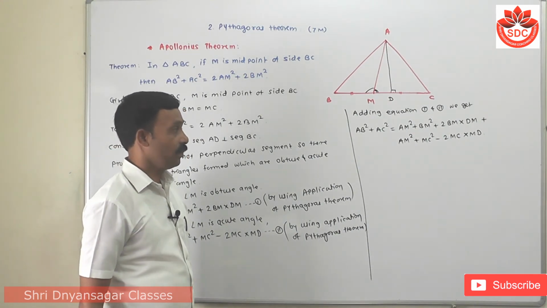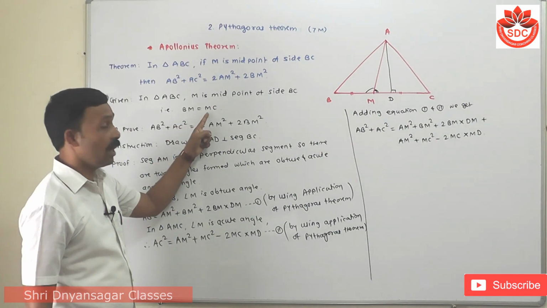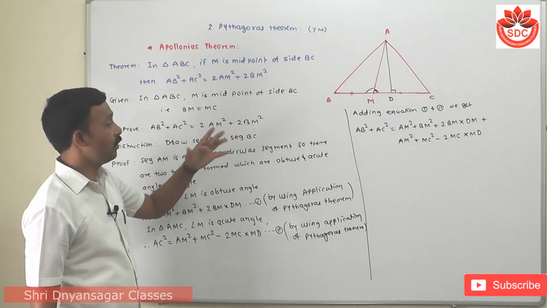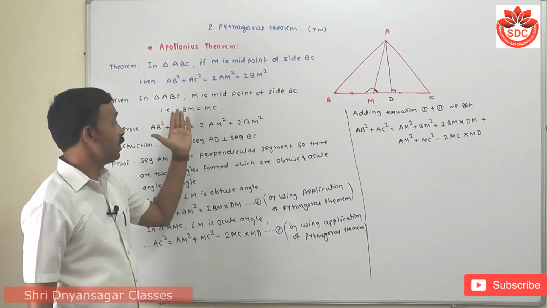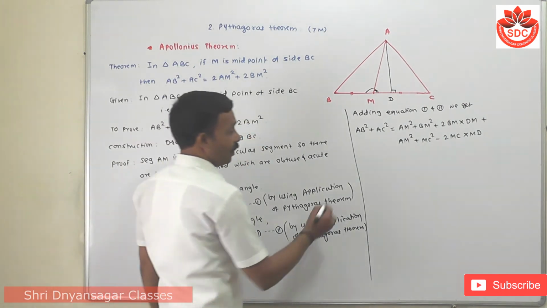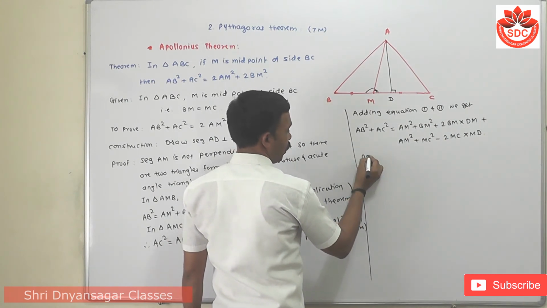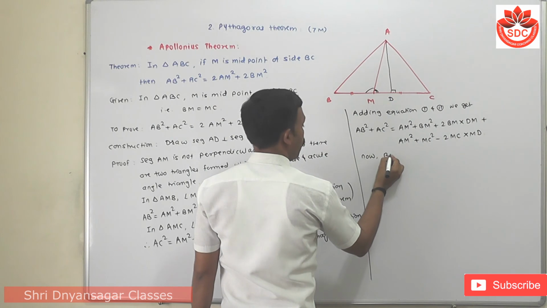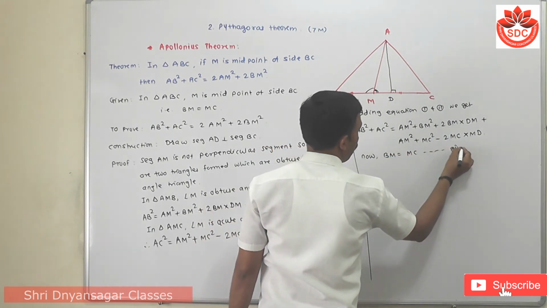Now student, when we observe the given, BM and CM are equal, so we substitute the value of MC as BM. BM is equal to MC, this is given.